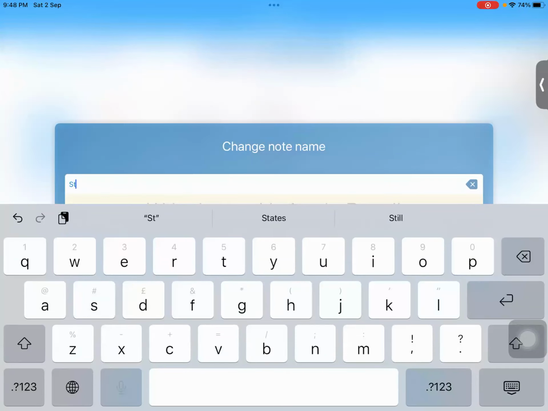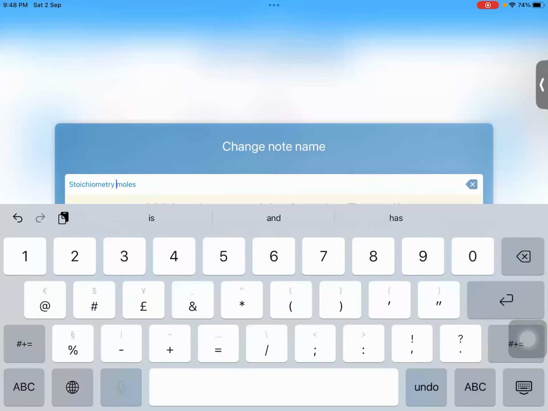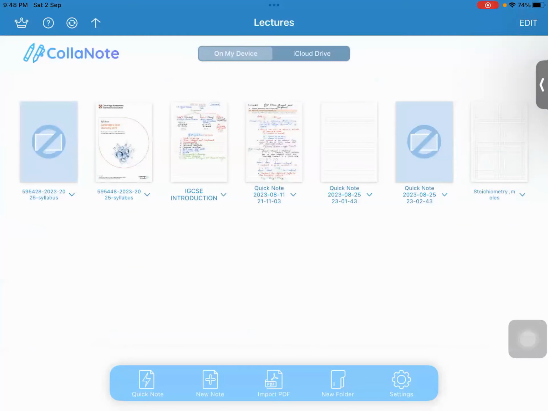Stoichiometry, moles. Very important chapter.